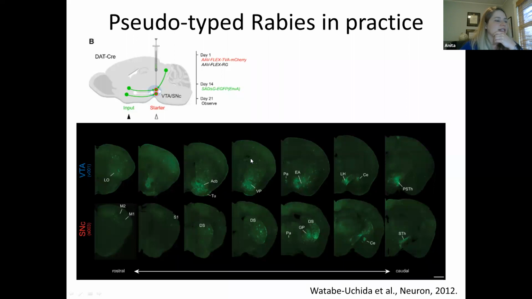I think this is my last slide on rabies, but I'll just mention, in this case, they're just using a reporter, but you can also deliver other payloads now, such as channelrhodopsin, GCaMP. You could put Cre and do a second order tracing from those cells.